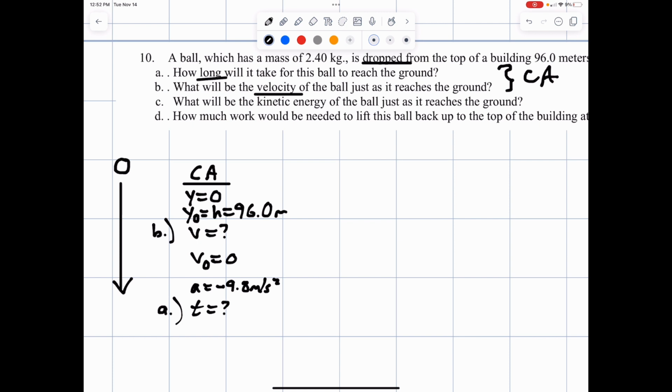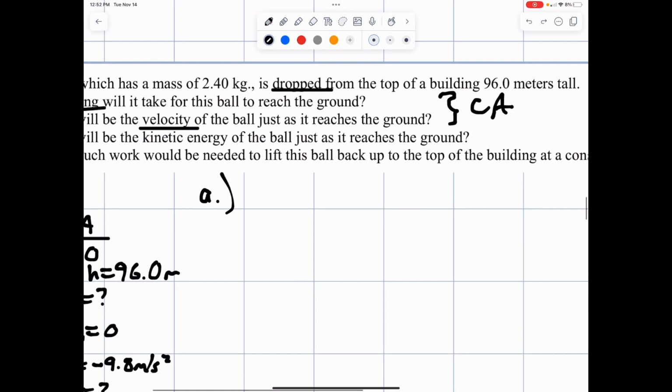All right, so for part A, I'm looking for an equation that has essentially distance as a function of time, based on what it gives. I don't know the final velocity yet. Well, that would be the equation y equals y naught plus v naught t plus 1/2 a t squared.